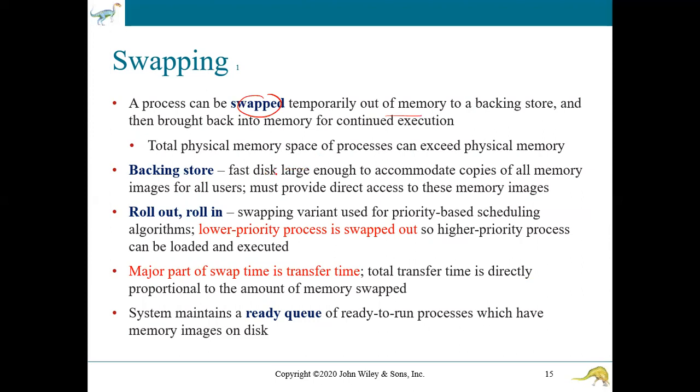If it is a faster disk, it's easier for you to have this backing store. So roll in, roll out; swap in, swap out. Low priority processes are normally swapped out, because if you execute them again and again, you would not be efficient.